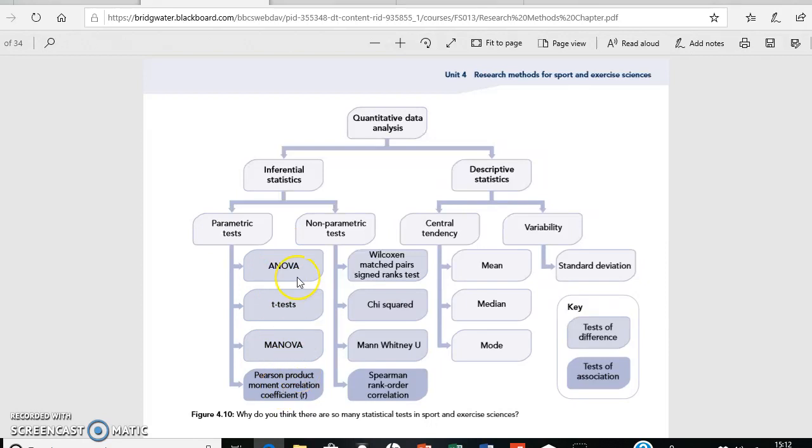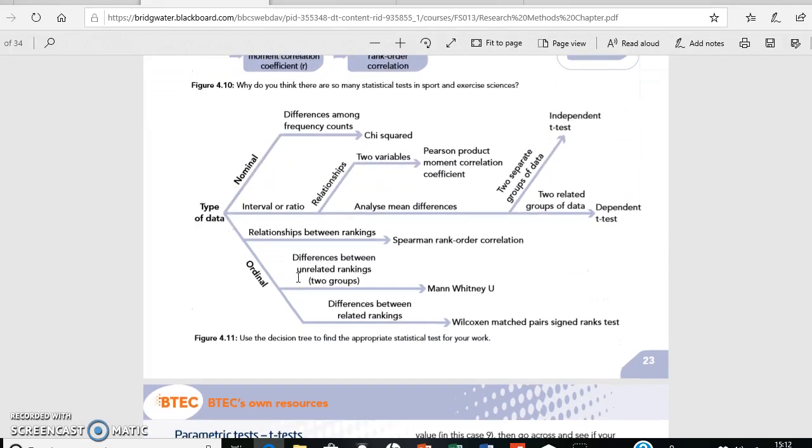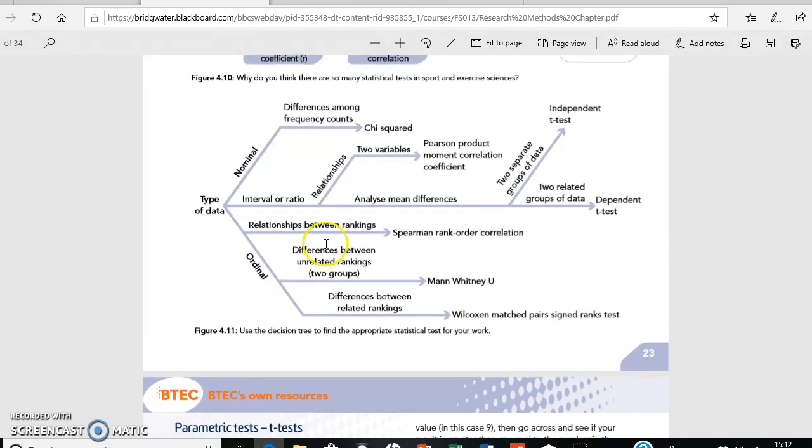And then to know which one of these, we're going to go down to the next diagram. So we know from the diagram before that we're looking at ratio data. So then we go along to here. It's whether we want relationship or difference. So we're looking at a difference because we're looking at basketball and netball shots scored.